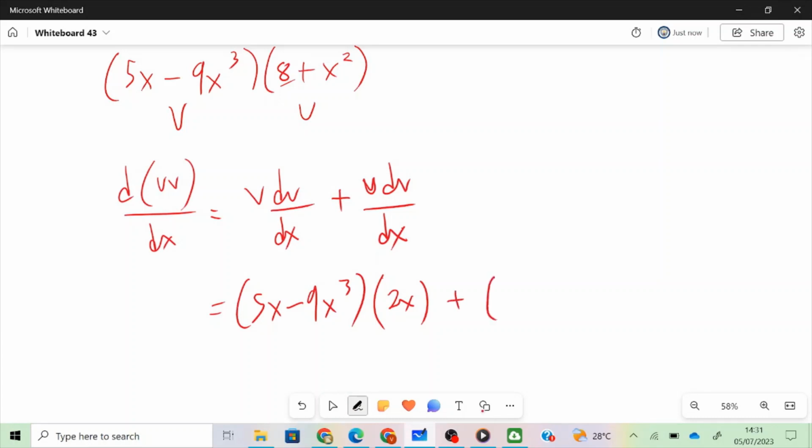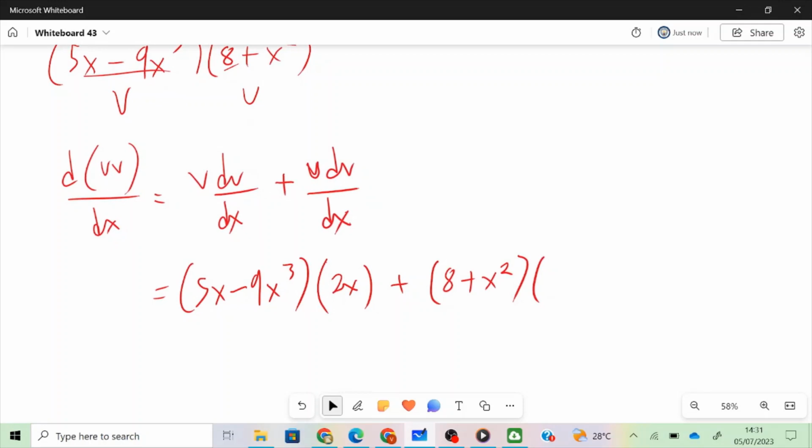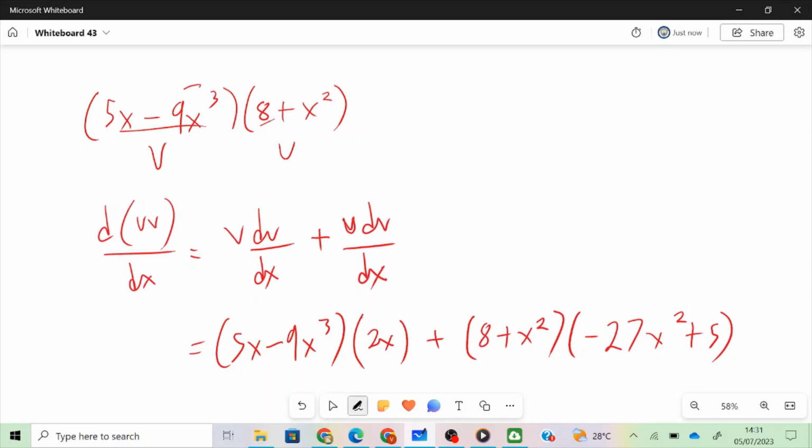Our u is 8 plus x squared, and our dv/dx, that is differentiating this one over here, we have minus 27x squared plus 5. I just put the greater power in front, differentiated this part first and then this part. Same way, if you do the other way around first, it's totally fine.